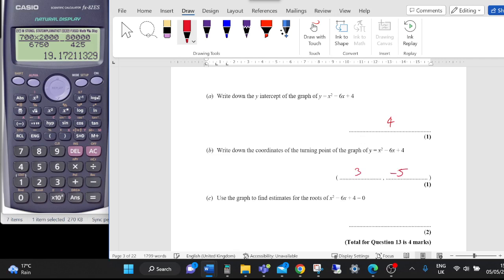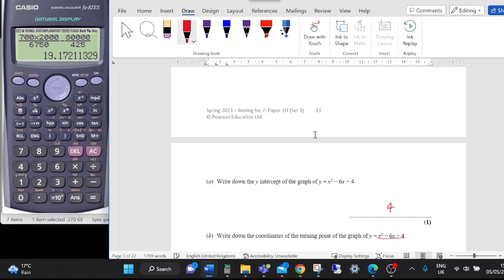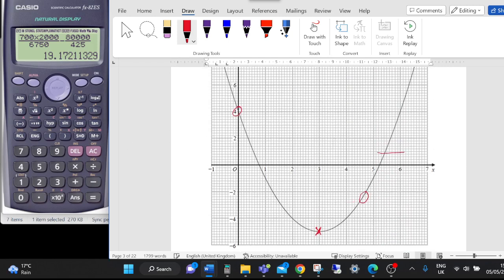Use your graph to find an estimate for the solutions. If you compare that to the graph, that is exactly the same. So all we're after is where y is 0. And y is 0 at that point there and that point there. That looks like roughly 0.75 and 5.25.